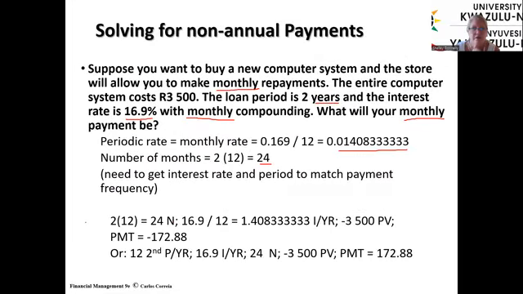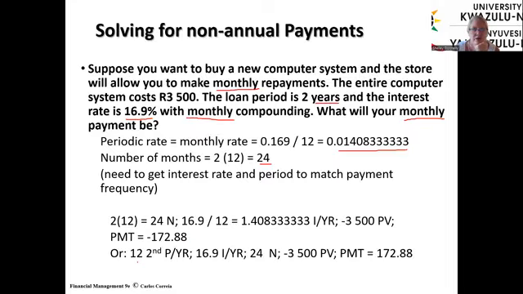So if your PYR setting's on 1, it's 2 times 12 because 24 is your N, 16.9 divided by 12 is your IYR. Your PV is minus 3,500 because that's what it's going to cost you. And your payment will be 172.88, your monthly payment when you solve for that.